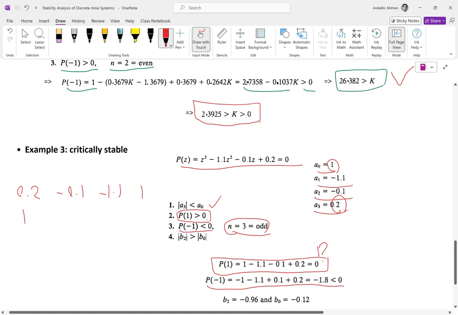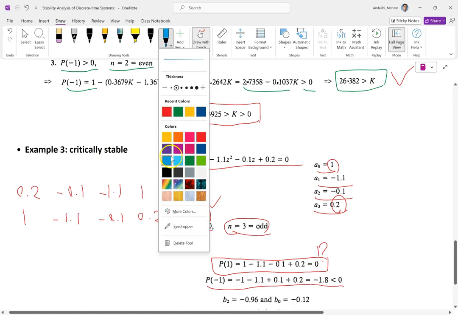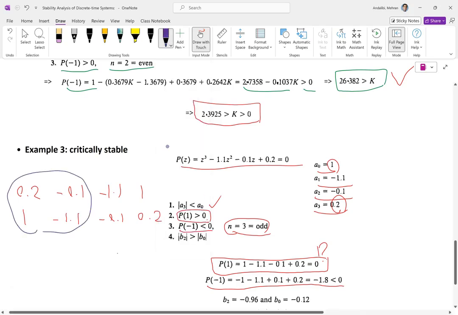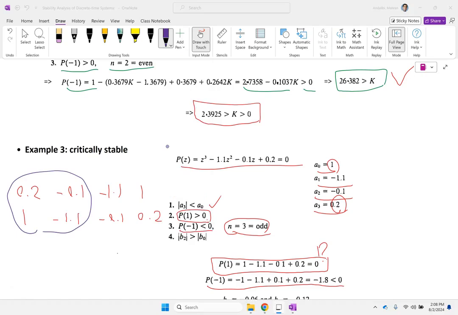The next row you reverse it, so you make it like this. And now your first B here is going to be what? Your first B is going to be the determinant of this portion. It's 0.2 times negative 1.1 plus 1 times 0.1.